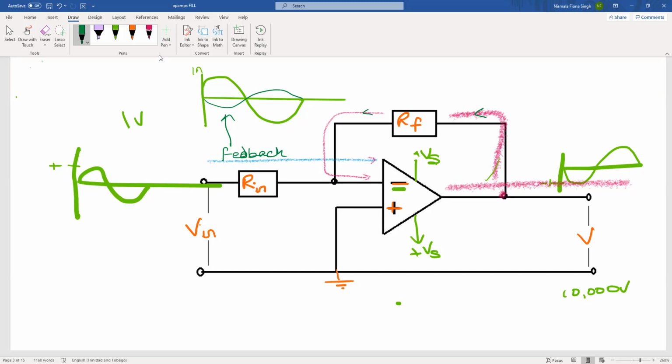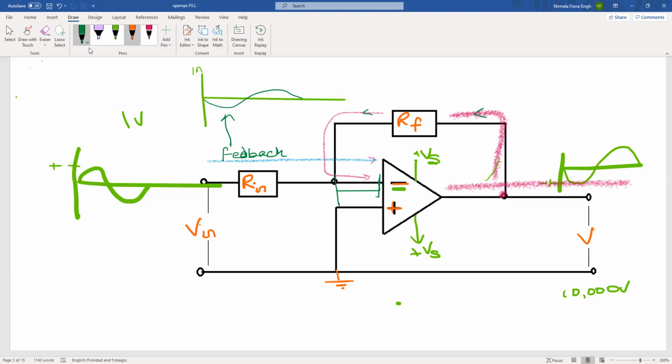Is my new input signal, which is from here to here, going to be bigger than my original input, or smaller than my original input? Let's go through that again. It would be smaller.